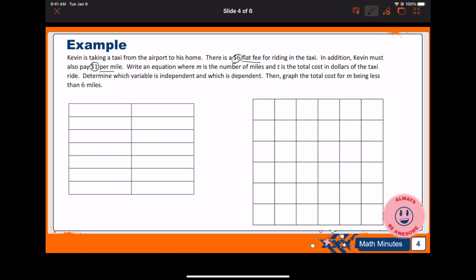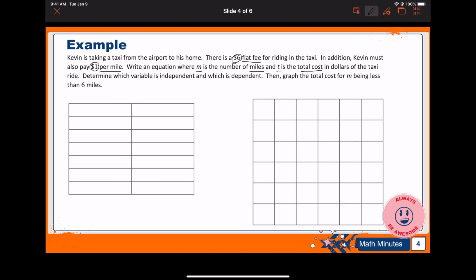So however many miles away from the airport he is, he's got to pay an extra $1 for each. And now we're asked to write an equation where m is the total number of miles and t is the total cost. So they're already giving us that we have miles and cost as our variables. Now we need to fill out a table and then graph it.